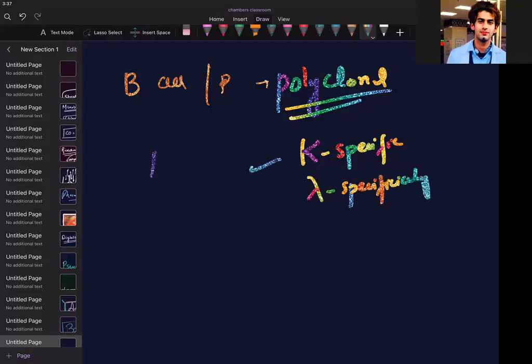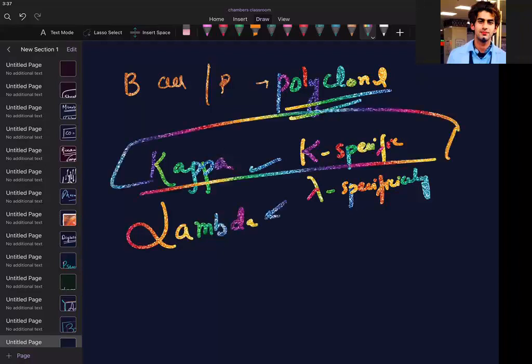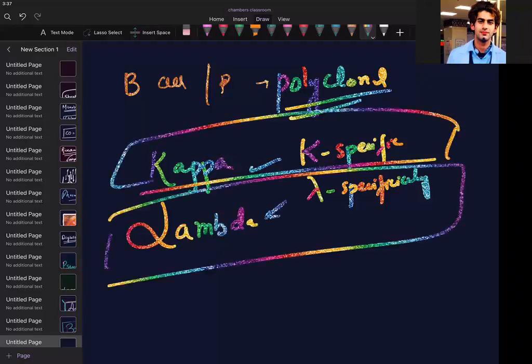So kappa, lambda. If I ask you a question, I want to see the monoclonality, I say these B cells are monoclonal, what will they show? They will show either kappa or lambda. That is what you have to understand.